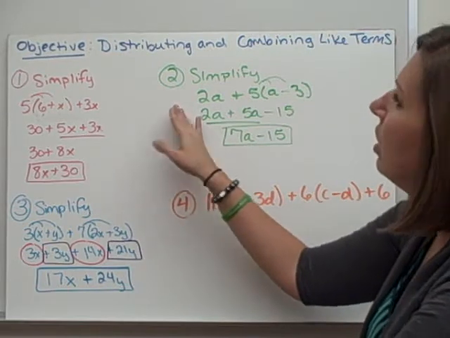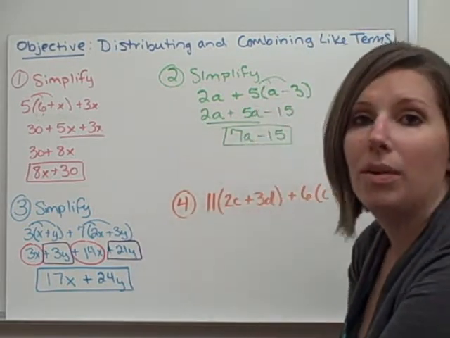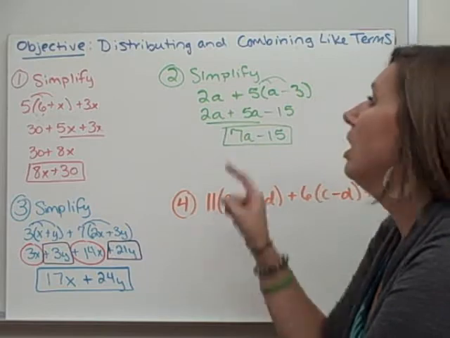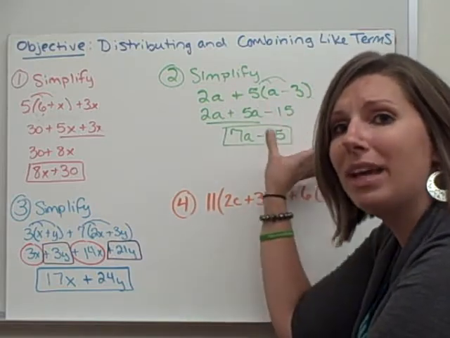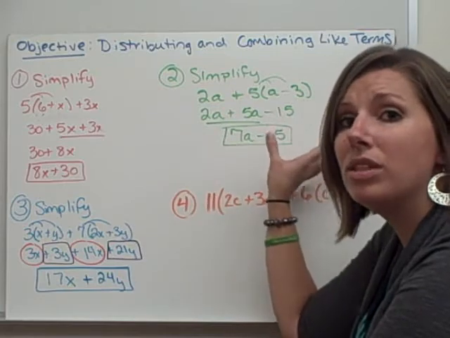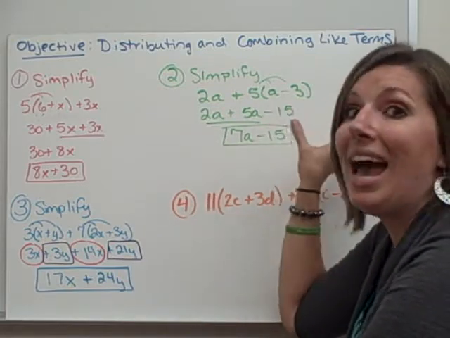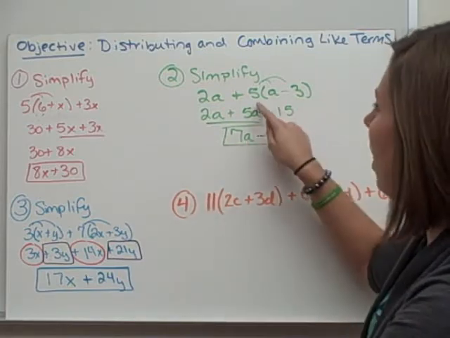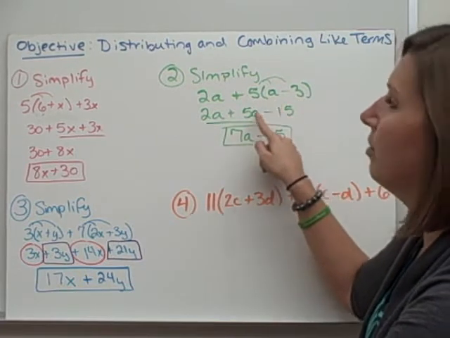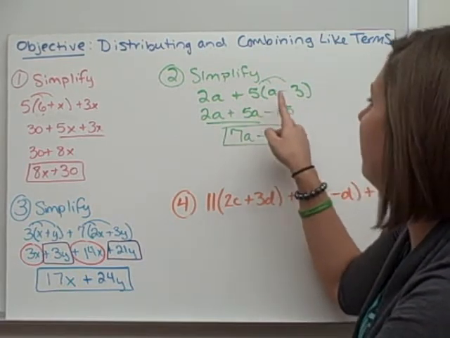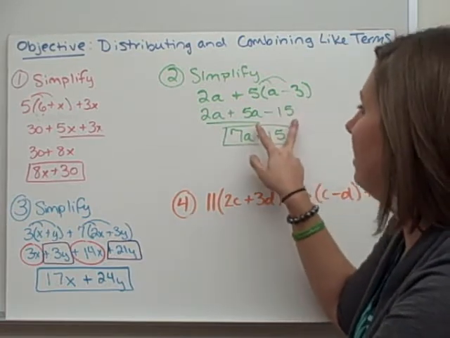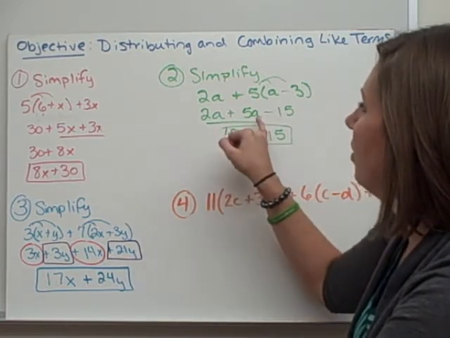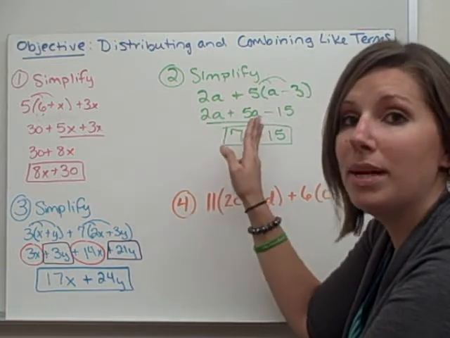Example 2, we've got a similar scenario going on, except our distributing is in the second half of our problem. It's back here. It's not up front, but we're still going to attack it first. So I'm going to multiply 5 times a, which is 5a, and 5 times 3, which is 15. So I write that down, and as you can see, I've got like terms with my first and my second term.